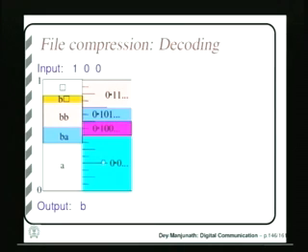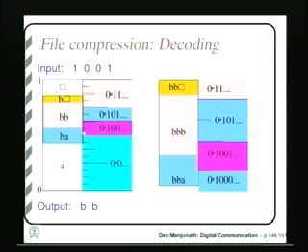Then we receive another bit, the third bit. Again we cannot decode the second symbol, because it may be here BB or here BA. So we receive another bit, and we are expanding this here. Now we are receiving another bit, 0 1.